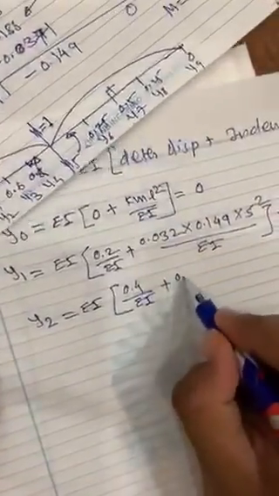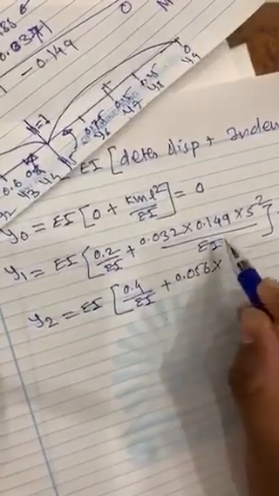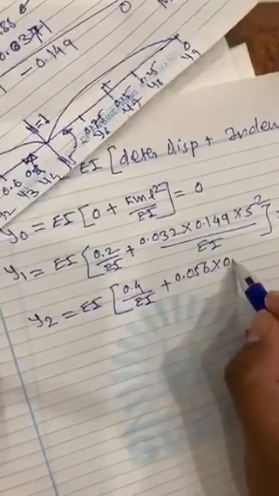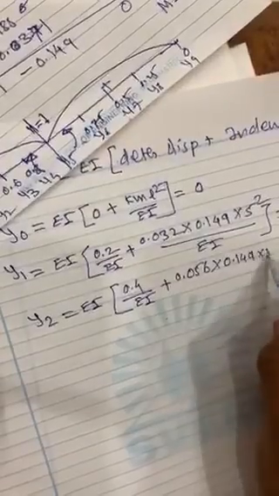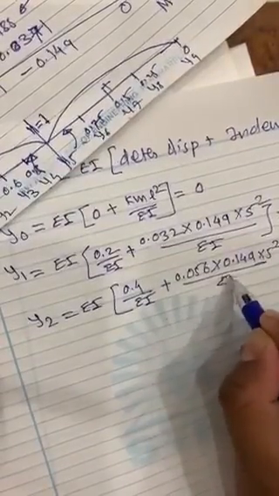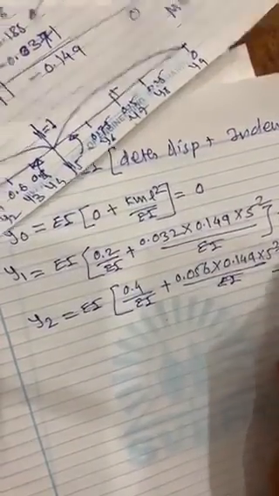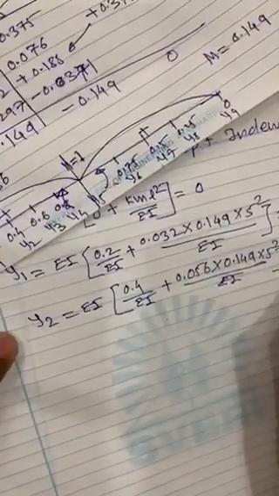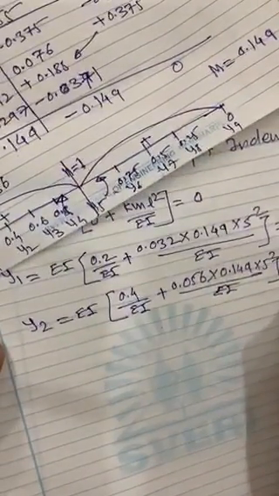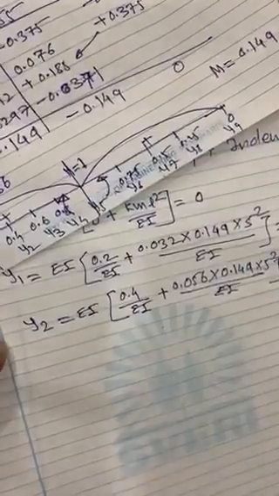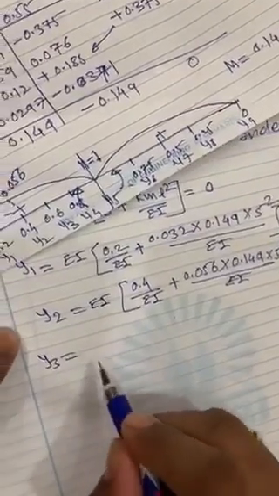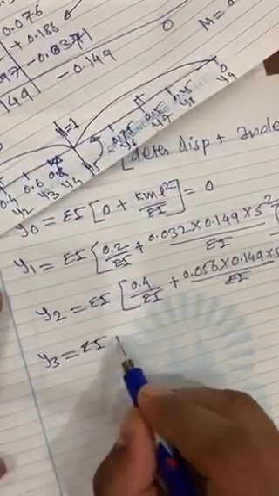So it will be 0.056 into m, which is the same, 0.149, into span 5 divided by EI, and this value is nothing but 0.609. Then similarly we'll quickly write the other values now that you have understood.